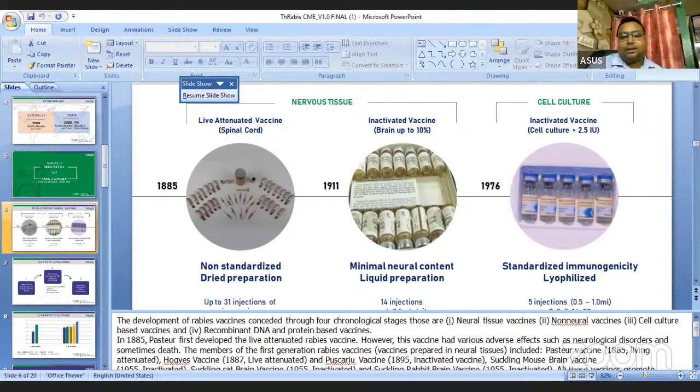In 1976, cell culture inactivated vaccine, cell culture 2.5 per international unit, standardized immunogenicity, lyophilized. In 1885 we gave up to 31 injections, in 1911 we gave 14 injections, and in 1976 we gave 5 injections, 0.5 to 1 ml.